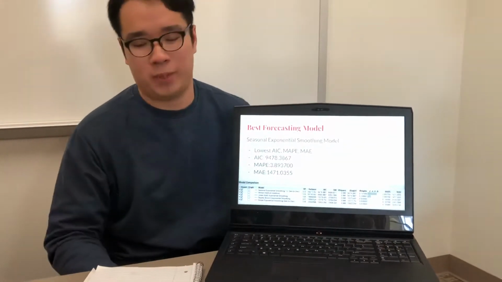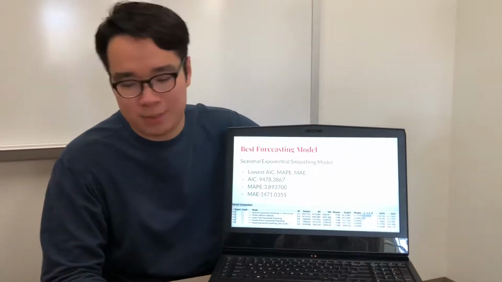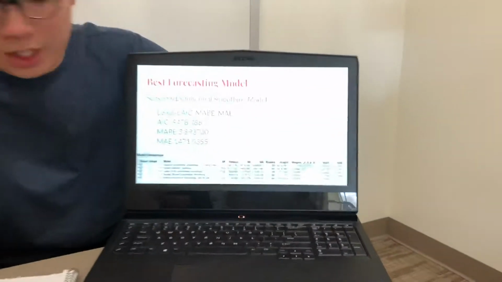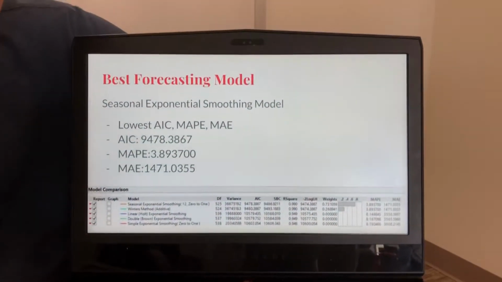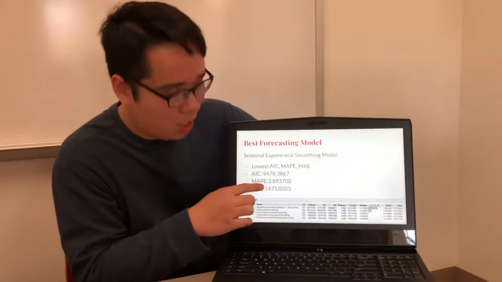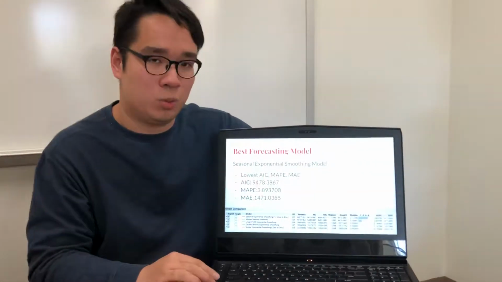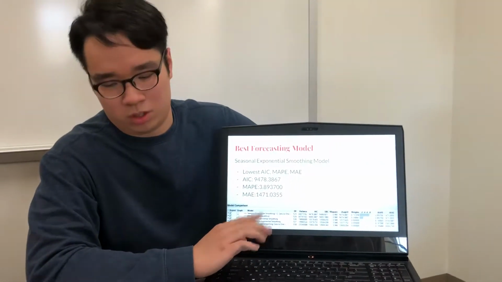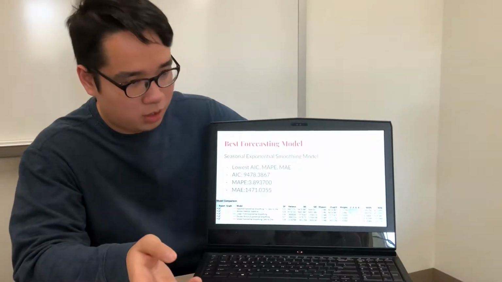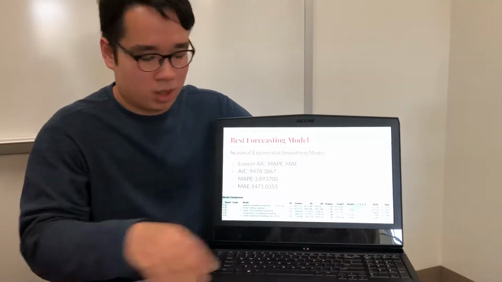To predict which forecasting model is the best fit for the data, we ran it through time series analysis and several smoothing models, and we found that the seasonal exponential smoothing model is the best fit as it has the lowest AIC, MAPE, and MAE. We also found that simple exponential smoothing is the worst smoothing model to predict the next month's generation, as it has the highest AIC, MAPE, and MAE.